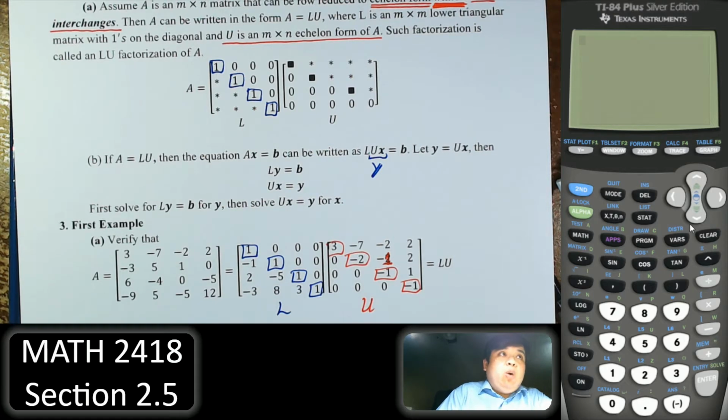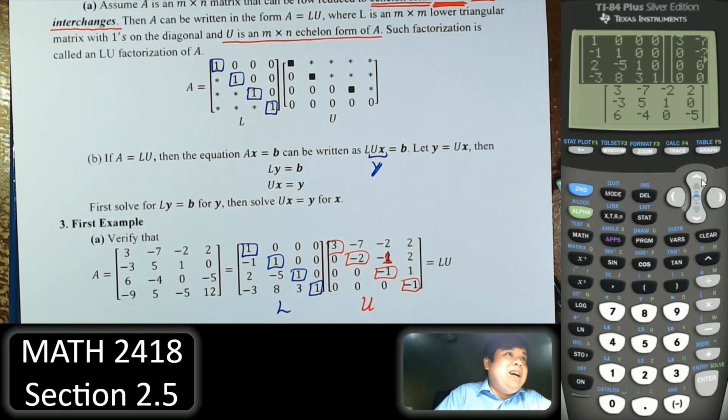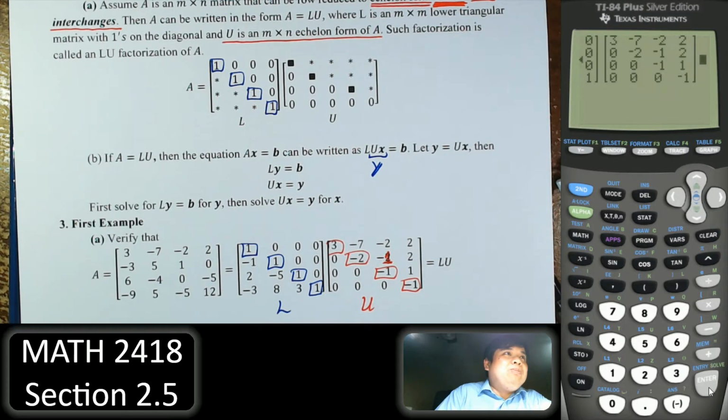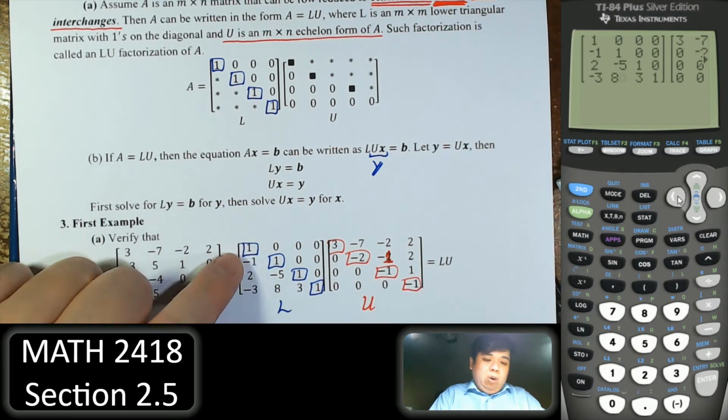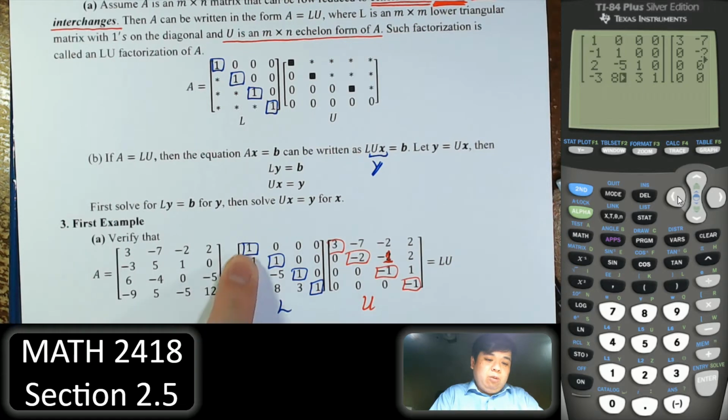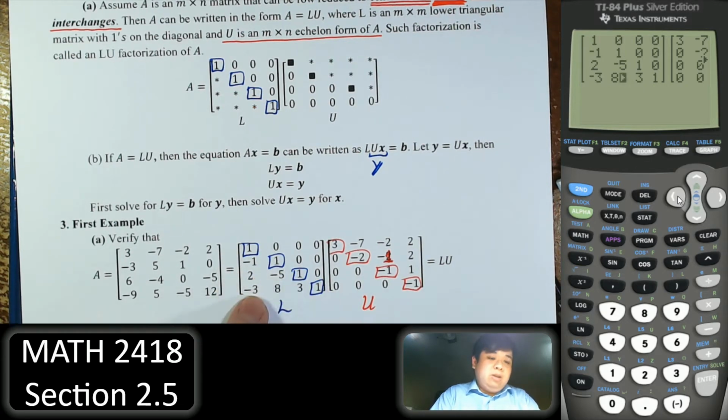To save time, I already entered it in the calculator, and that's why I found there's a mistake here. The entries are 1, 0, 0, 0, then -1, 1, 0, 0, and so on.